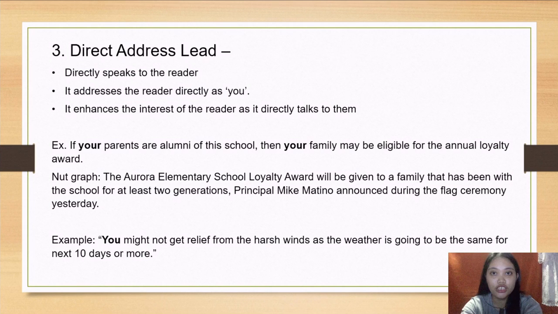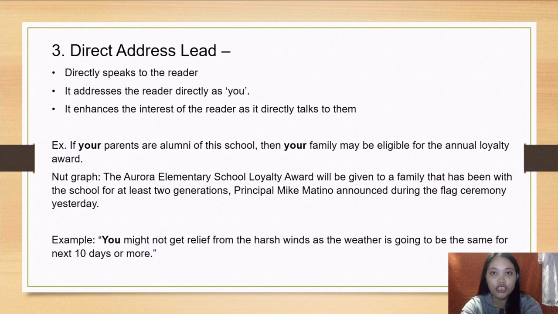So here in example number one, what is the story about? "The Aurora Elementary School Loyalty Award will be given to a family that has been with the school for at least 2 generations, Principal Mike Matino announced during the flag ceremony yesterday."